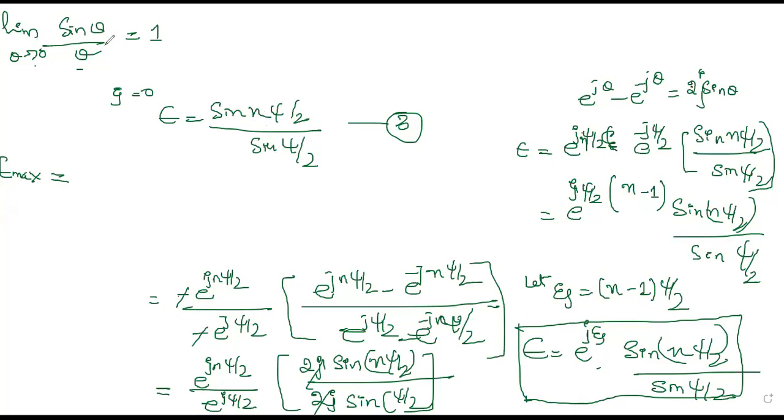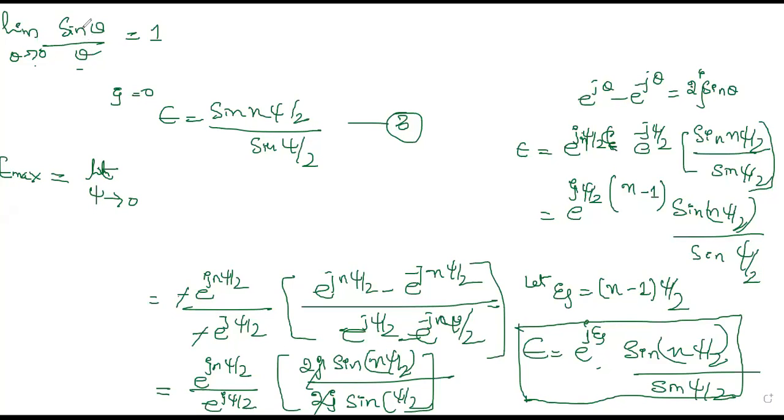I should write in the form of limit xi tending to 0. So numerator and denominator should be divided by the same term when you apply the limit to get sine theta by theta. So either it has to be n xi by 2 or it has to be xi by 2. See, you have theta here.